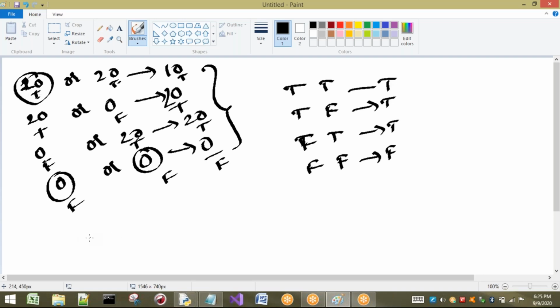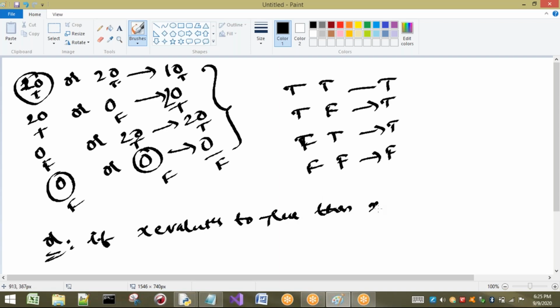Here I will write the OR case: if x evaluates to true, then x, otherwise y.